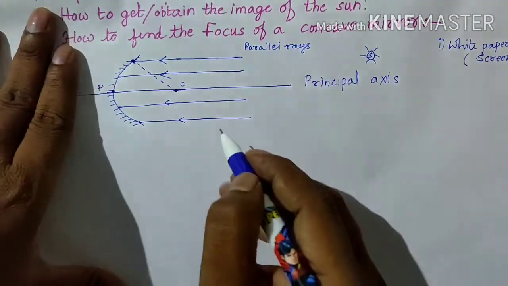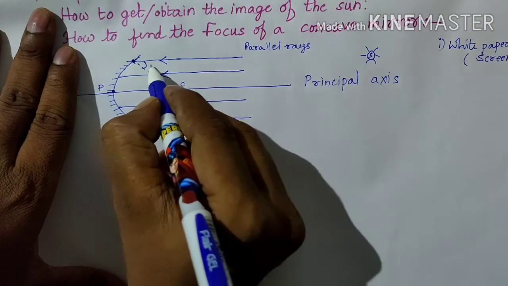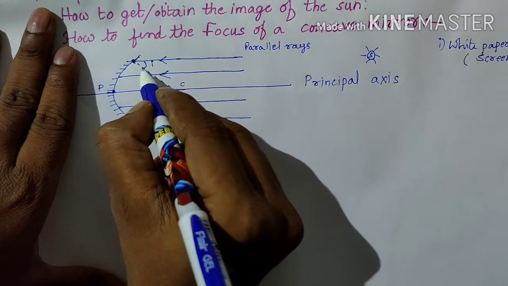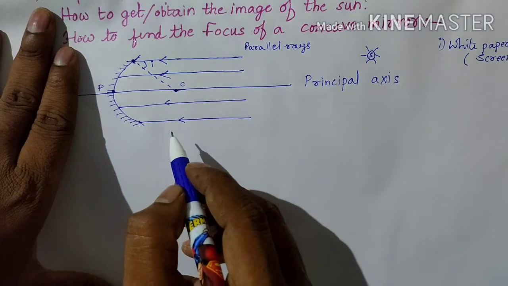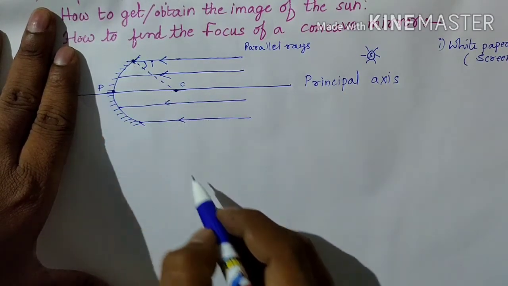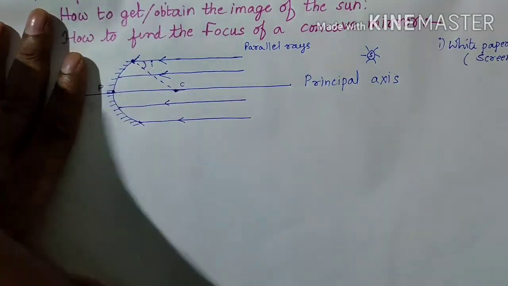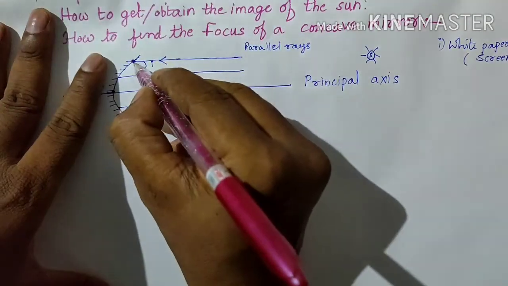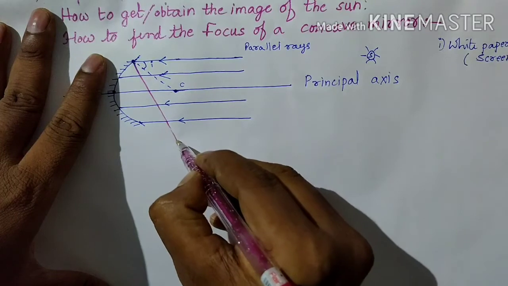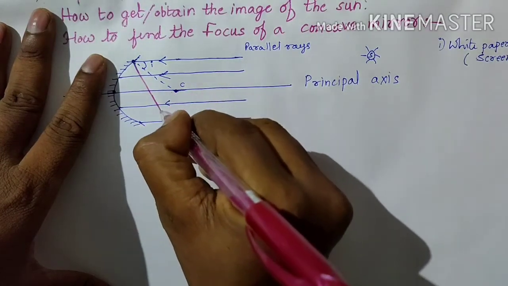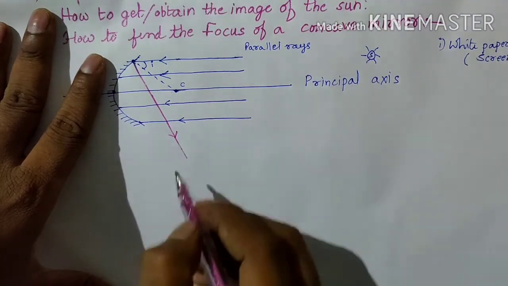This is the normal, and this is the angle of incidence. With the same angle, you have to draw the reflected ray here. So this is the reflected ray for the first ray.